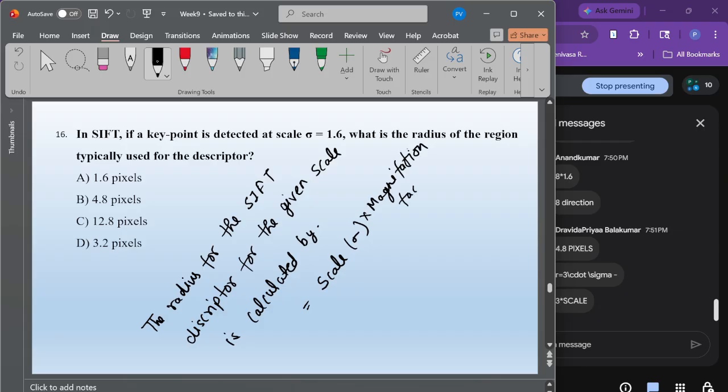SIFT uses the standard magnification factor, that is 3.